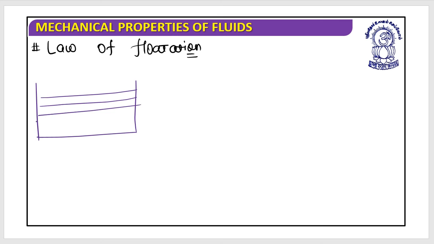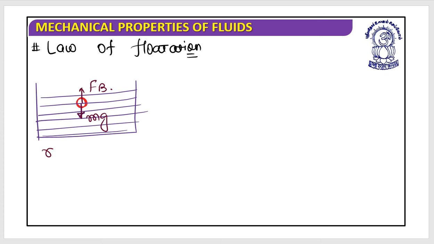Suppose this is a container filled with a certain fluid, and there is an object in it. I don't know whether it is going to sink or float. But it has one force in the downward direction, which is mg, and one more force acting in the upward direction, which is equal to fb.